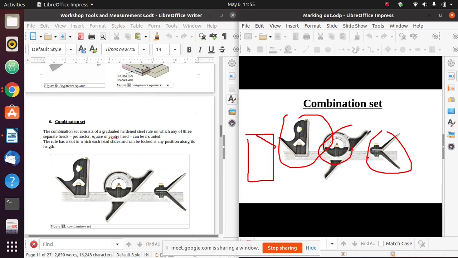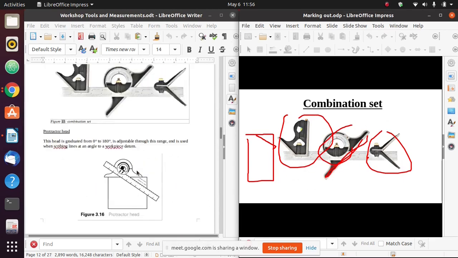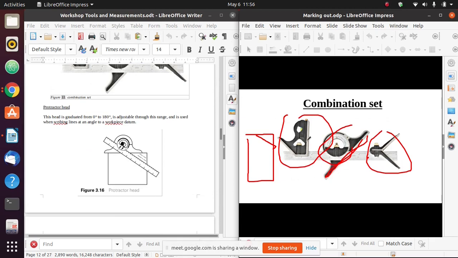Then I will bring this head onto the workpiece, along this edge of that protractor head. Then using this steel rule, I can scribe a line on that workpiece. So we use that to scribe lines at an angle on the workpiece.